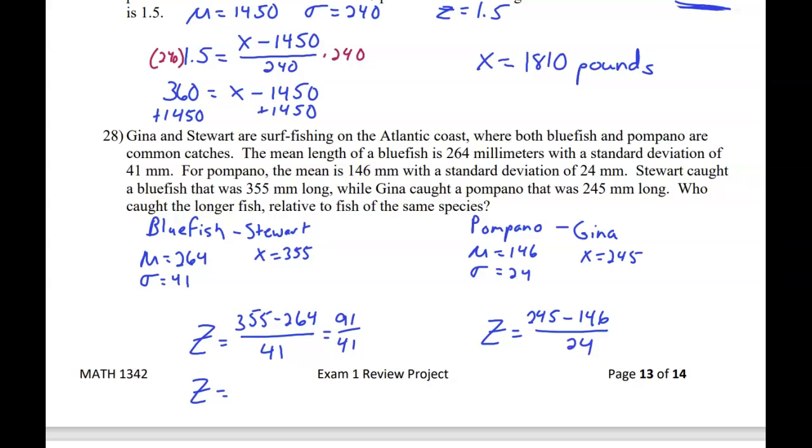So Stuart's bluefish z-score was 2.22. Gina has 99 over 24, so Gina's fish has a z-score of 4.13. So Gina caught the longer fish relative to fish of the same species.